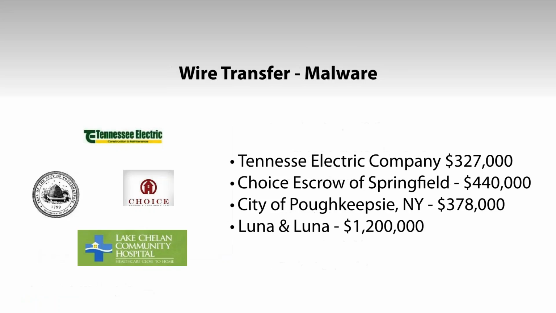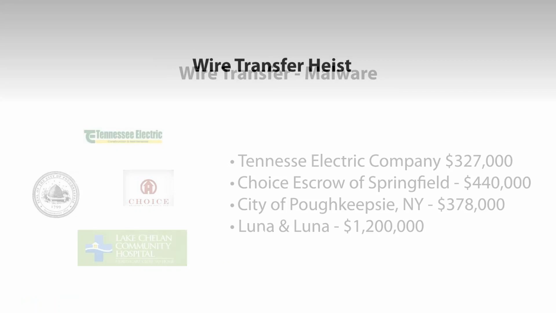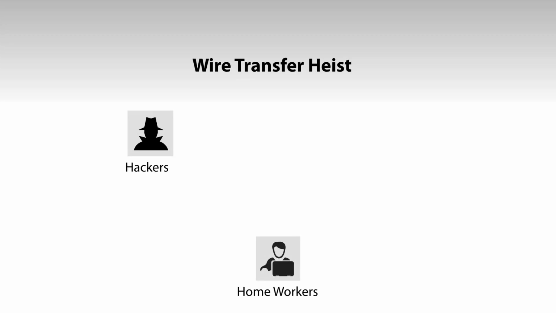Another type is using actual code or malware, and this wire transfer heist has affected any number of organizations, anything from electric companies to escrow companies, and even the city of Poughkeepsie, for example, got compromised with this kind of technique. I'll give you an example of how this happens. Basically, this method is not really using a phone call, but the hackers create some code. It's very specific.